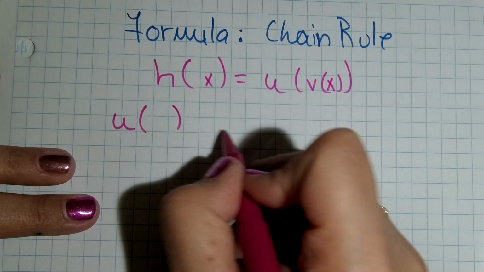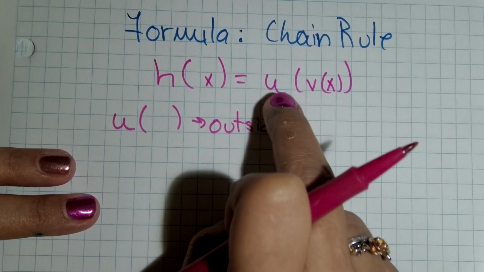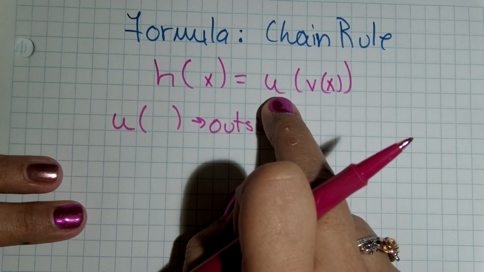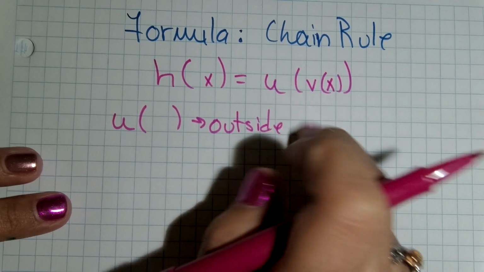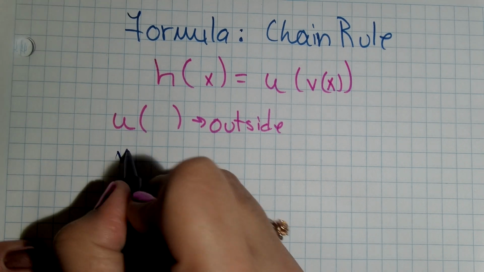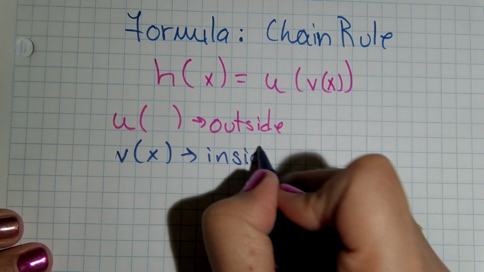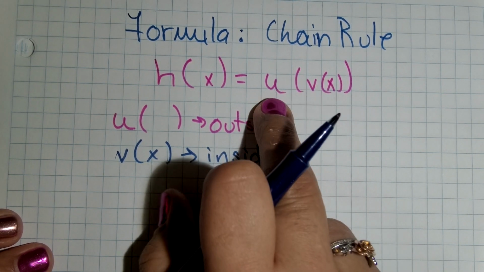U with the parentheses will be called our outside function because it is outside the parentheses. It's outside our function notation. And v of x will be our inside function because it's inside of u.